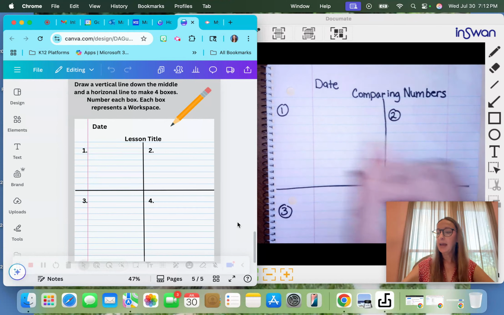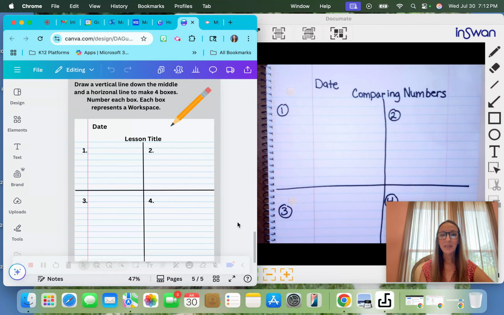That way you have your work organized. And as you work through problems, say you have more than 4 problems that you're working on in your math lesson, you just turn the page and you make 4 new workspaces. And so that way it keeps your work organized.